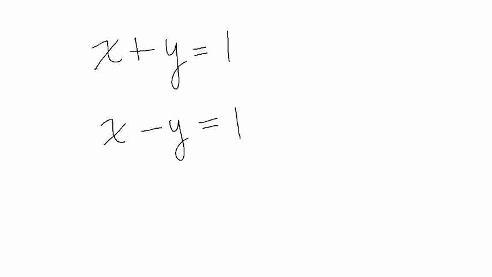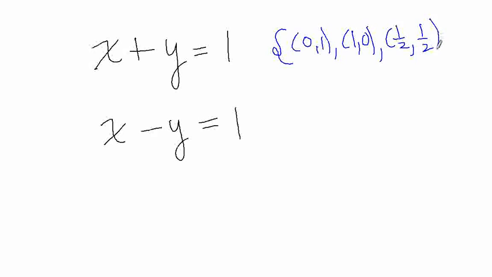So, for example, the first linear equation has a set with several points in it, such as (0, 1), (1, 0), (1/2, 1/2), etc., etc.